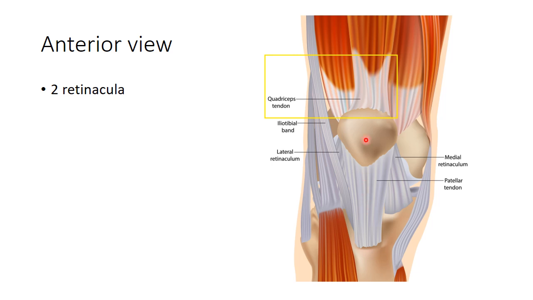And finally, you can also make out two flattened tendons, called the retinacula, namely the medial retinaculum and the lateral retinaculum. The medial retinaculum is for the vastus medialis and the lateral for the vastus lateralis.